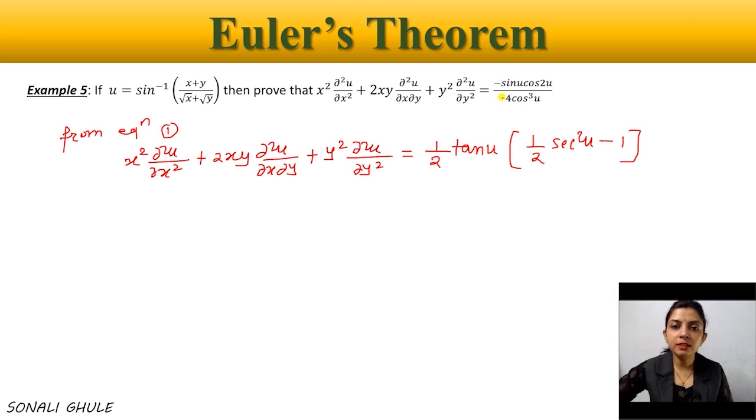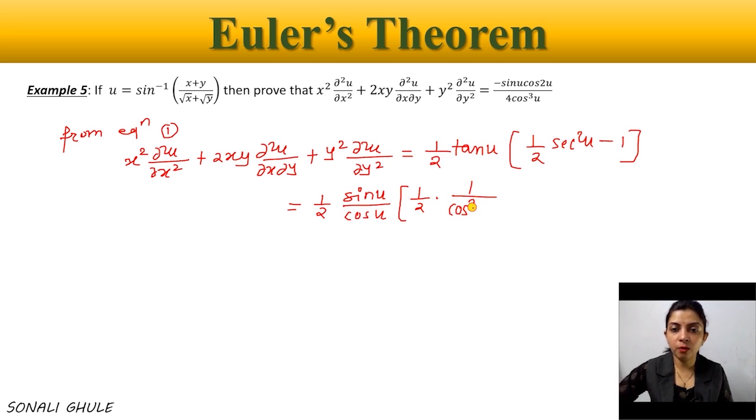Now see, you can see your proof here on right hand side. We have terms in sine and cos. So we have to convert this tan and sec into sine cos. So using the relation, what I can write? Yes, it is sine u upon cos u. Then 1 by 2 into sec square u, what I can write?